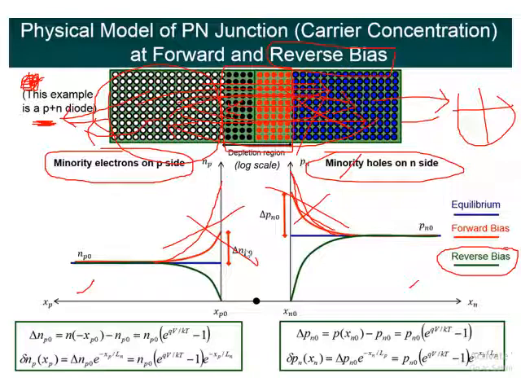The electrons which are already present in the P side have already come, right? And the holes have already come on the N side. Now if I just reverse the polarity, this positive potential of reverse bias will try to repel the holes. So the holes should again try to come back to their original position, right?